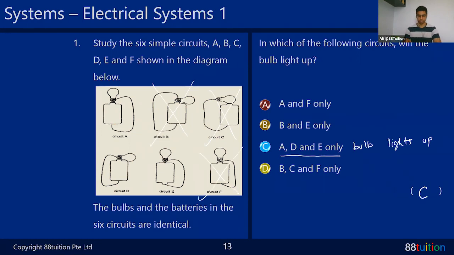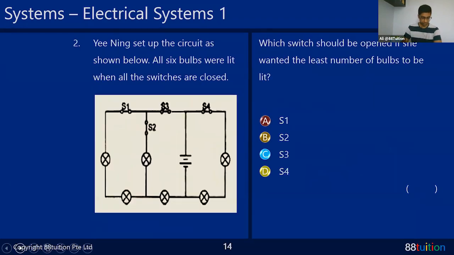Why? You can see that they are connected not at the cap and the tip. Same goes for B and C. All right, great. Next one. It's a little bit challenging.